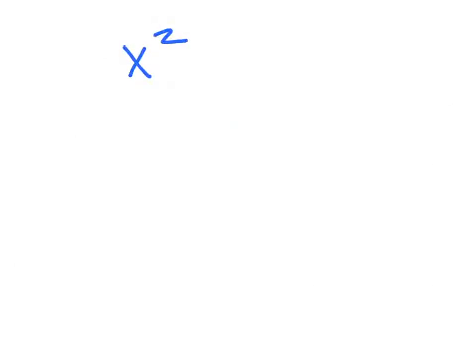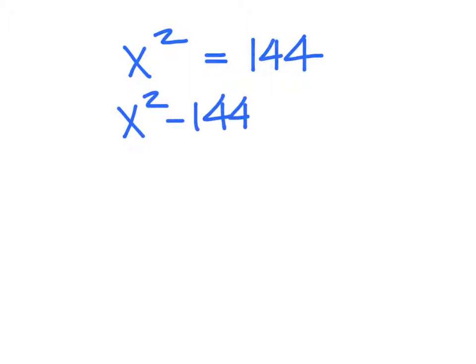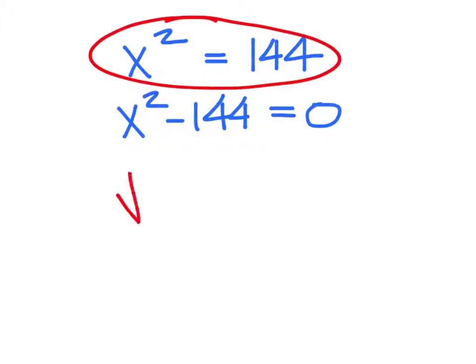You could have x squared equals something like a +144, but if you move the 144 over to the left-hand side, it becomes a difference of two squares. However, if you would have left it like this, you could still do just the square root of both sides.